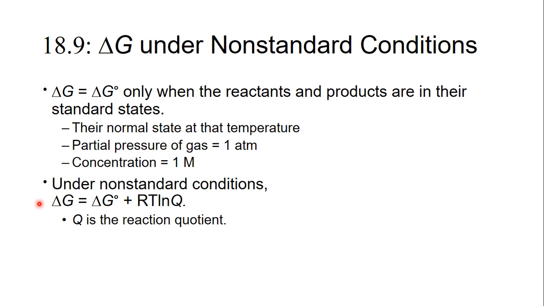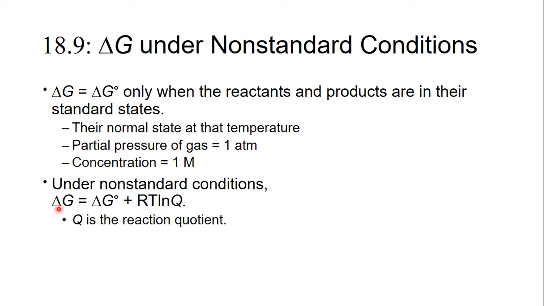If you want to use non-standard conditions, which we really care about, because when you do actual reactions in the real world, you are hardly ever in standard conditions. 99.9% of the time, you will be under non-standard conditions. That just means these three conditions aren't met.